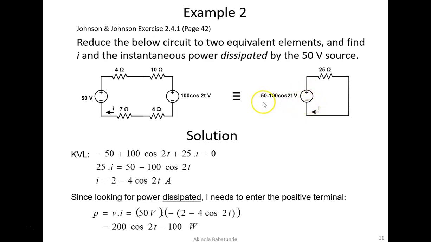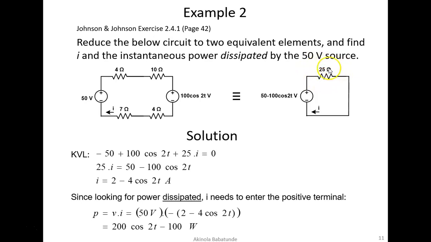That would mean this becomes minus 50 minus 100 cos 2t, and that becomes minus 50 plus 100 cos 2t. That's exactly what we have here. Then it becomes plus, since we are flowing in the clockwise direction, plus 25 multiplied by I, because that's the current that will be flowing through this 25 ohm resistor.